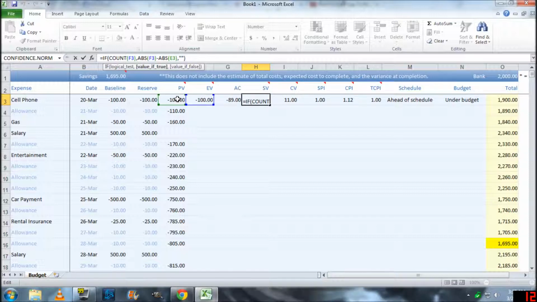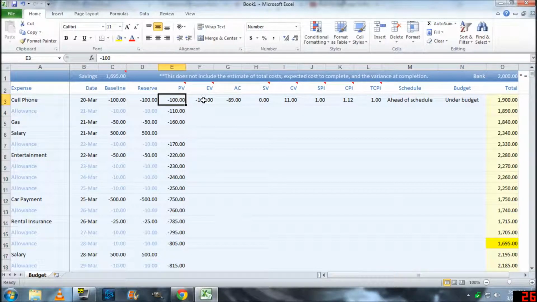The reason this is zero is because your planned value and your earned value are the same.